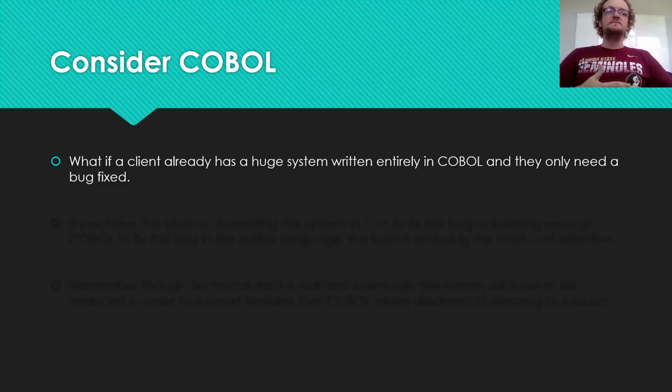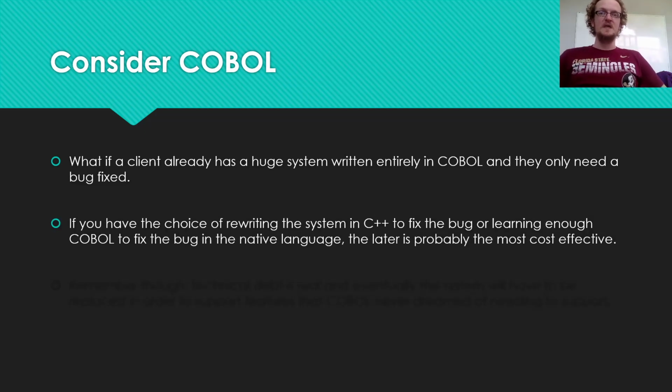But let's think about a situation where a client has a massive system, like these states that have these massive financial systems that are written entirely in COBOL. They need the ability to run very large sweeps of checks. They need potentially to fix some minor bug that is very critical for them, but it is not like redesigning or reconstructing an entire system.